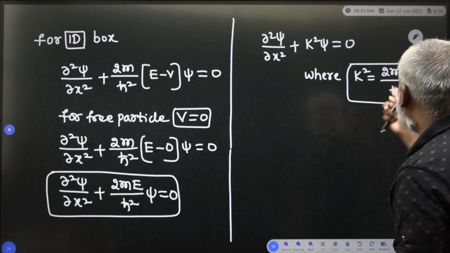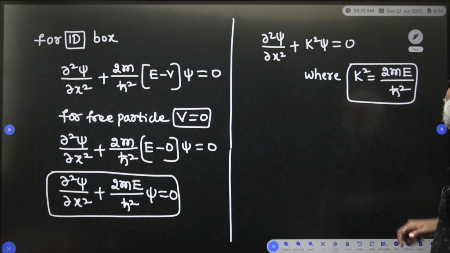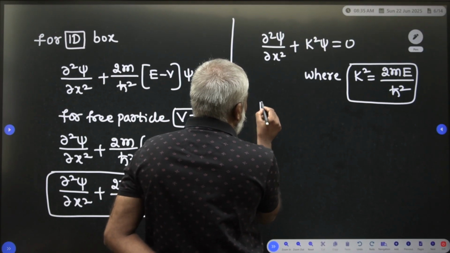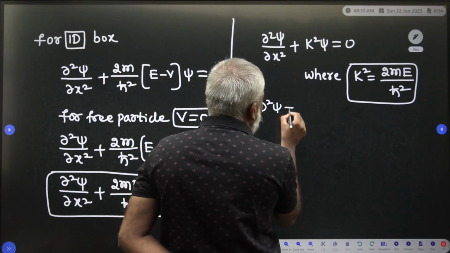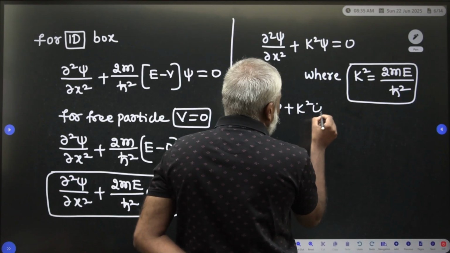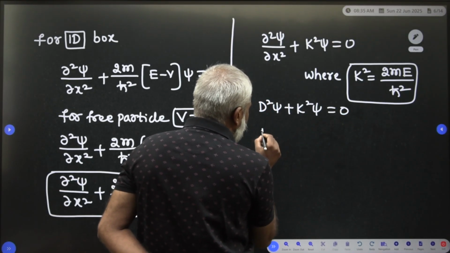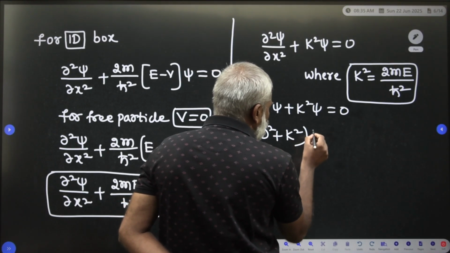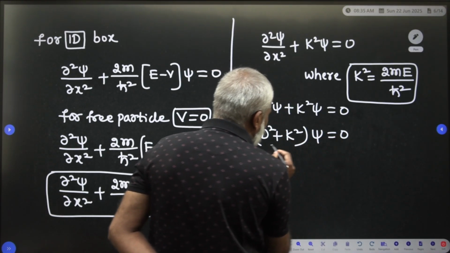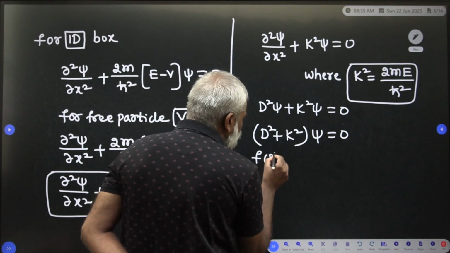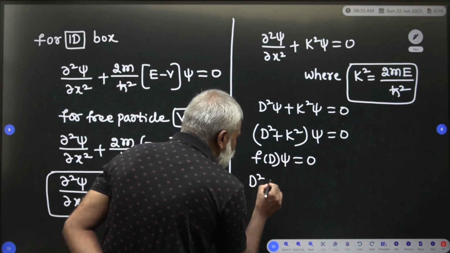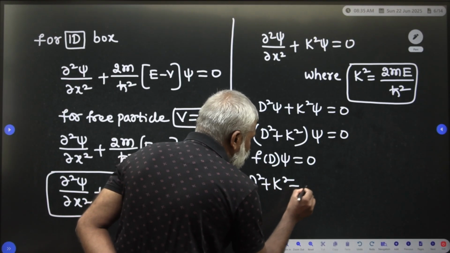Now you have to substitute here. So, D²ψ + k²ψ = 0, that is (D² + k²)ψ = 0. This expression becomes f(D)ψ = 0. Therefore, D² + k² = 0.